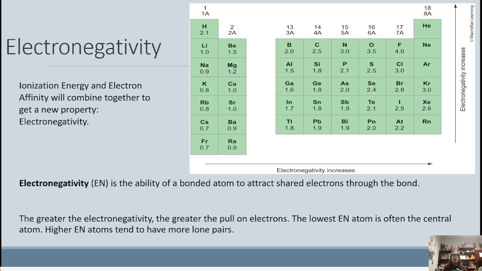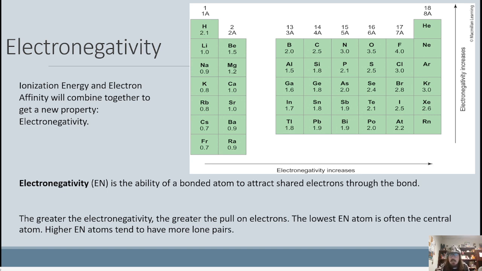One of the things to note is fluorine is the element with the highest electronegativity. Then as we move outwards, we have oxygen, and then chlorine and nitrogen are about the same, and then carbon and sulfur are about the same, and boron, and we have hydrogen and phosphorus are about the same. Boron and arsenic are about the same.